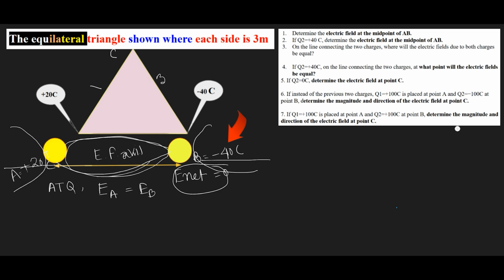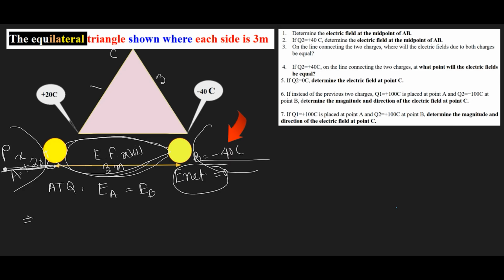Let's consider from A point up to this point, a point P where electric field will be 0. So from A, this is X, and the total distance is obviously 3 meter.